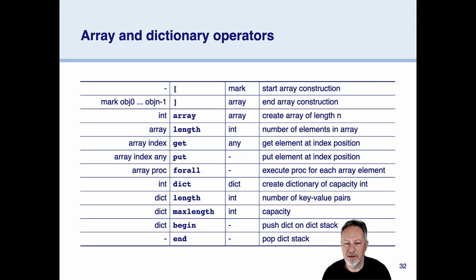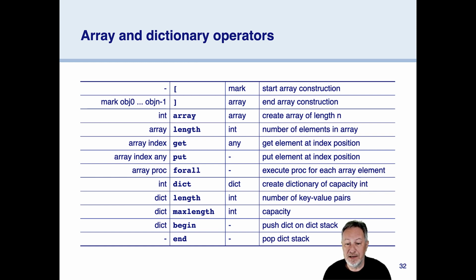By saying int dict, we will create a new dictionary of a certain capacity that will hold an integer number of key value pairs. You can ask what the size of the dictionary is. You can also ask what its capacity is. So length will tell you how many keys and values are currently in it. Max length will tell you what the actual capacity of the dictionary is.